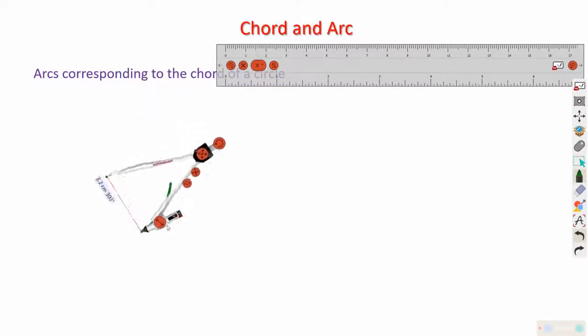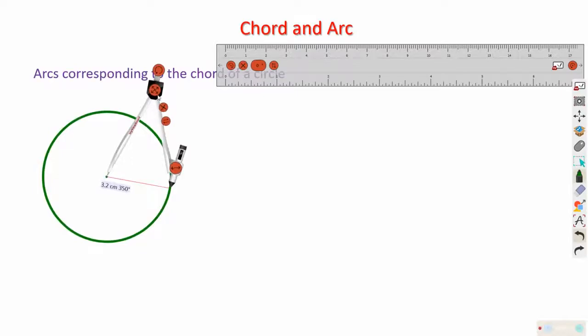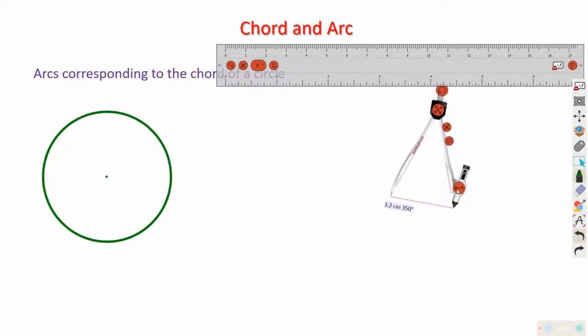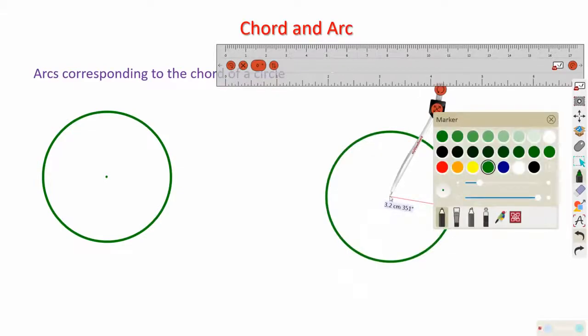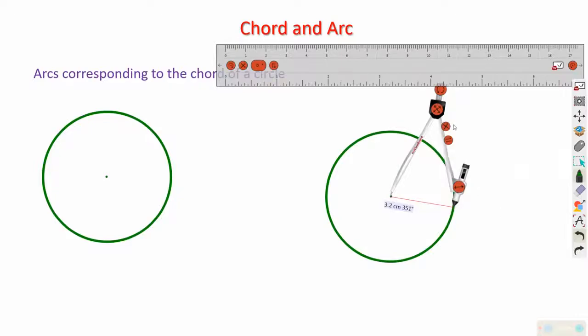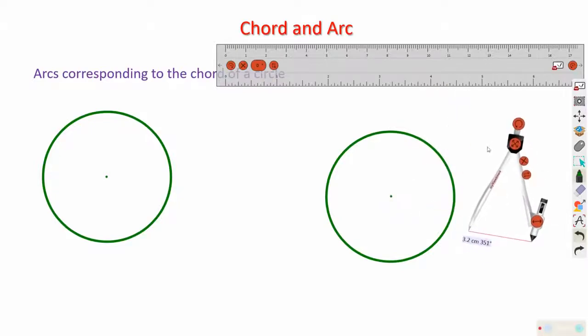Okay. Suppose this is a circle, I am drawing one more circle. This is the center of it, the center to be marked, otherwise we will miss the center. We have two circles on the screen. What we are trying to understand is the connection between the arc corresponding to the chord of a circle.